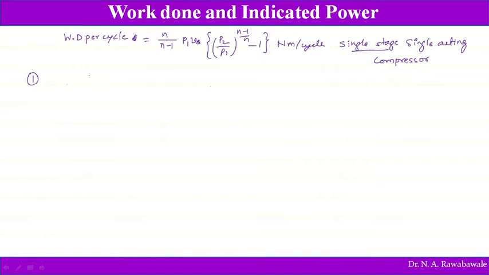Single stage means air is compressed in only one cylinder, and single acting means on one side of piston air is compressed. So this is called as single stage, single acting air compressor, and work done is given by this equation.